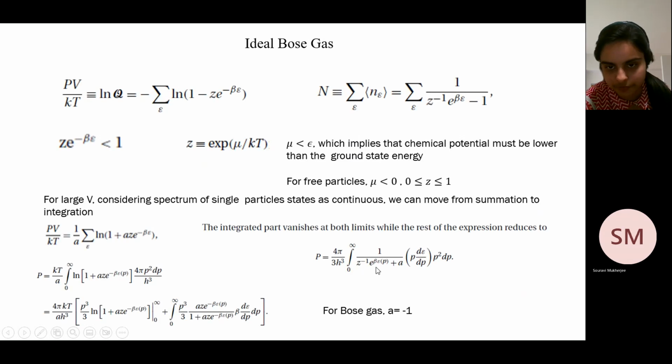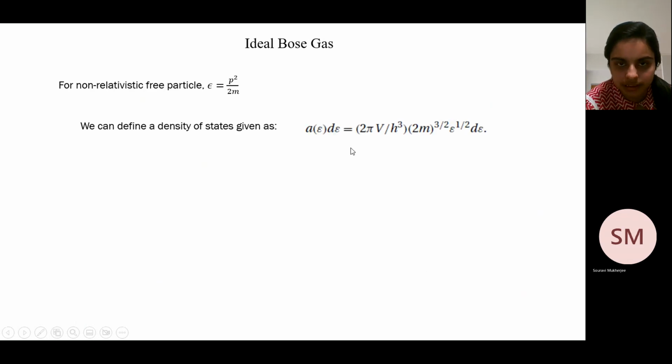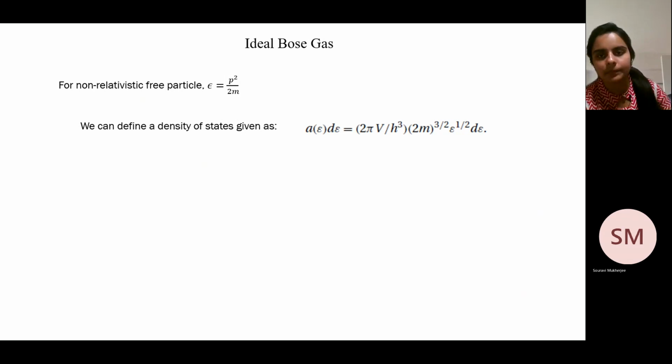It's just that if you replace p and dp using this relation, you would get the following density of states. It's important to note here that when your system is in 3 dimensions, you are doing an integration over the entire volume, and what you get is that the density of states depends on energy as epsilon to the power half.